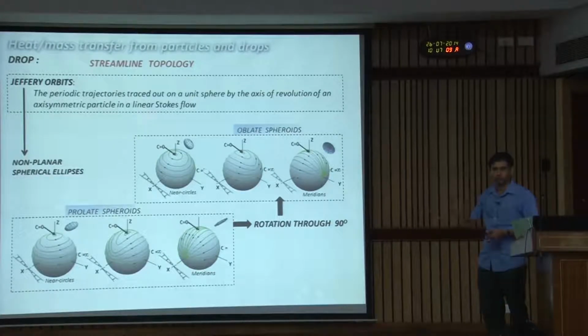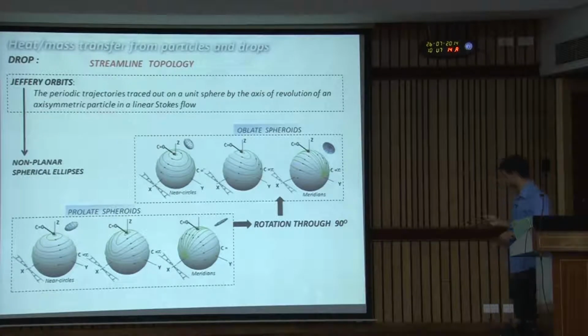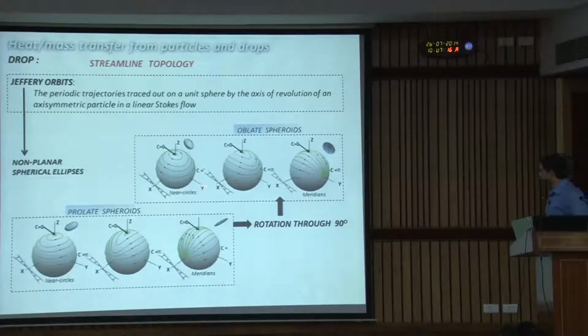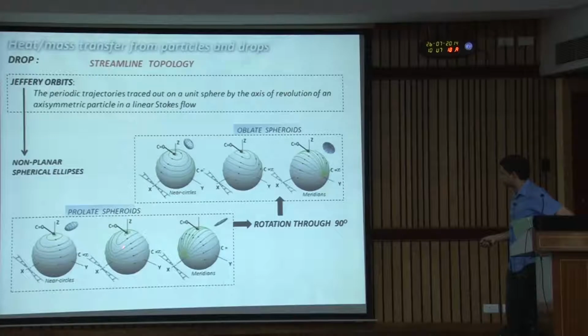So, the aligned mode for an infinitely thin line, it can stay aligned. So, they are no longer periodic orbits then. In this case, if you ask what is the period of rotation for an orbit and what is the shape of the orbit, they are all related to the aspect ratio of the spheroid. So, that is the governing parameter which decides the shape of the orbits.